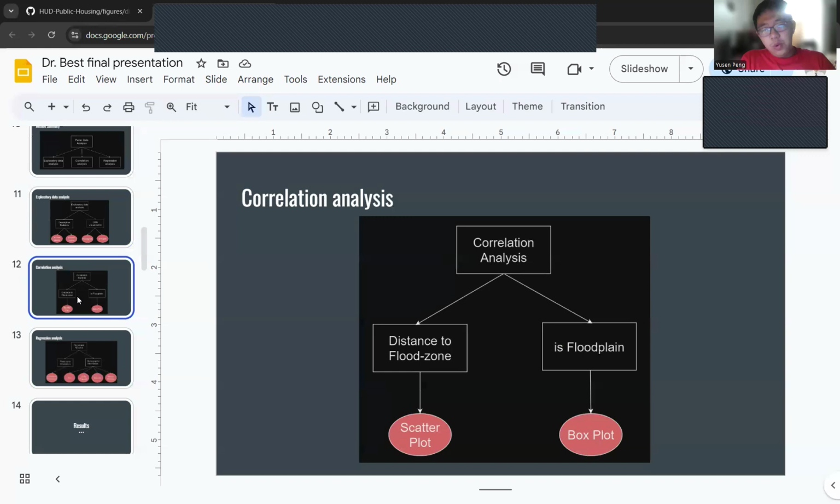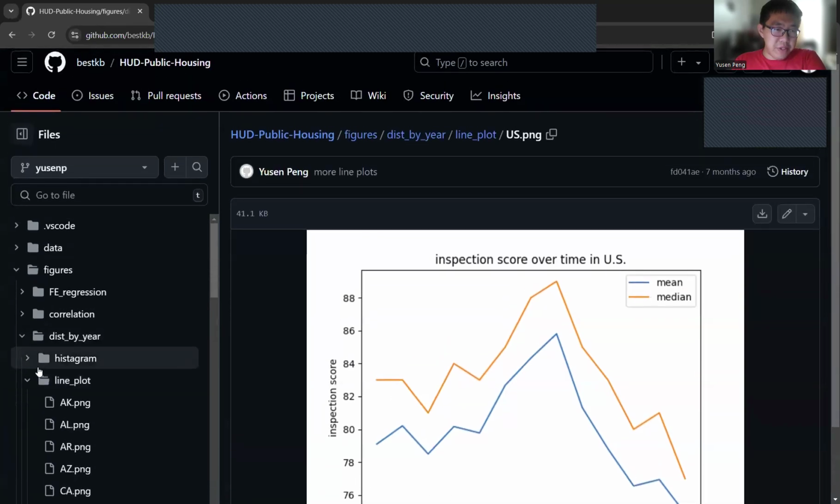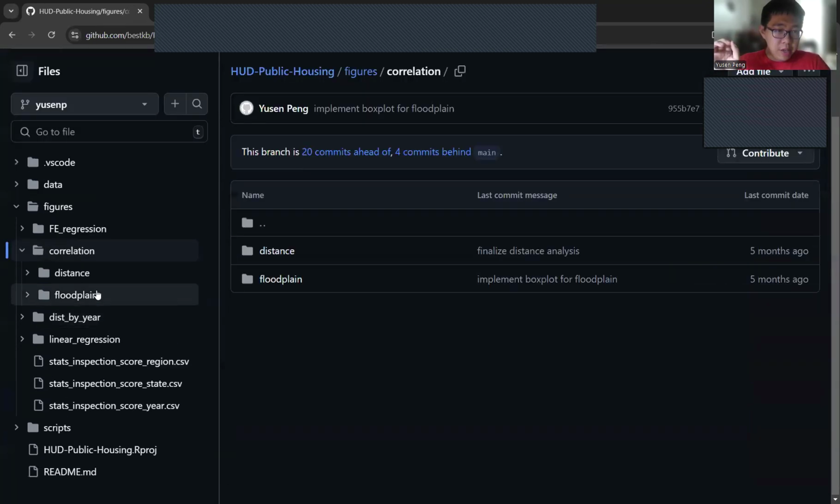So these two are kind of correlated, but the idea is the correlation analysis. And if we go to the GitHub repository, there is a folder under figures. It's called correlation. Of course, as I said, there are two variables.